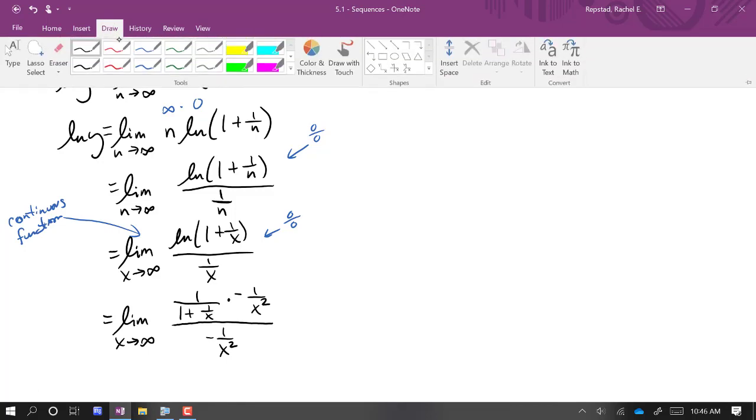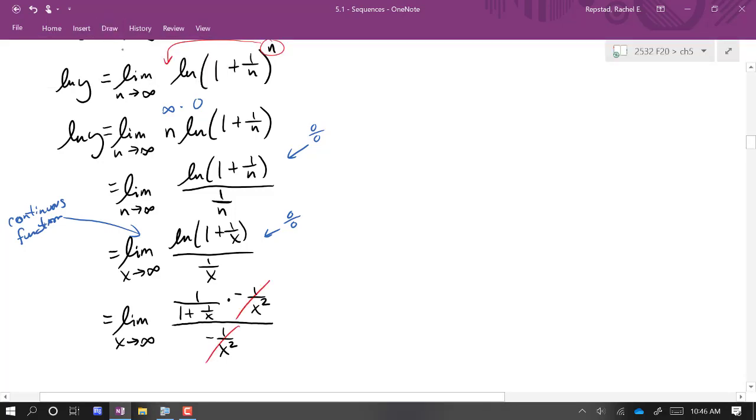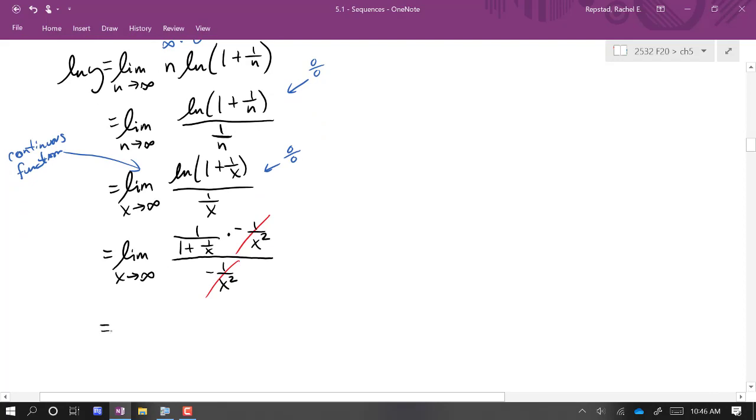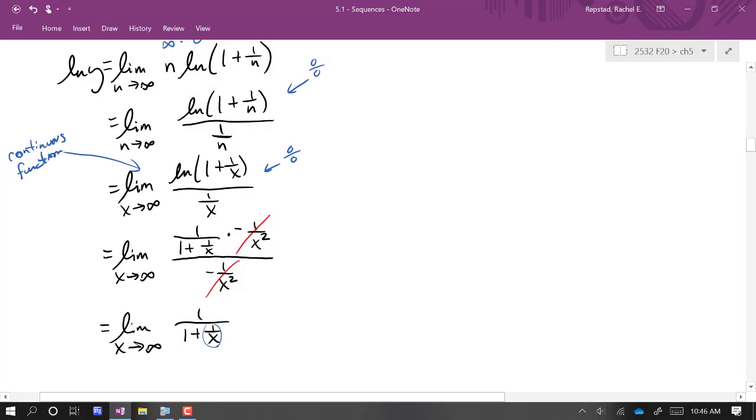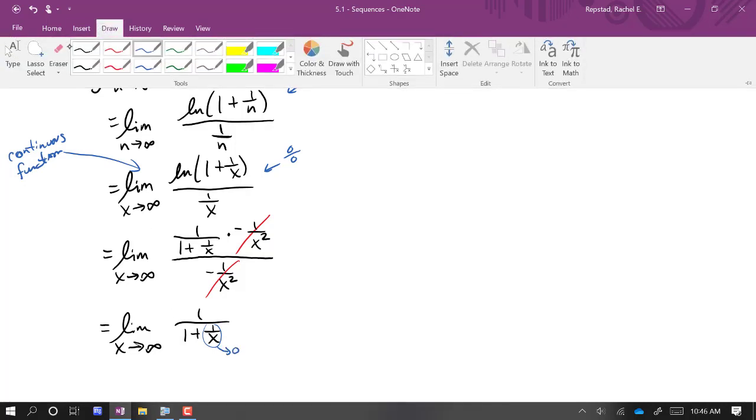We can cancel this common factor. Now, as x approaches infinity, 1 over x approaches 0, so this whole limit is equal to 1.